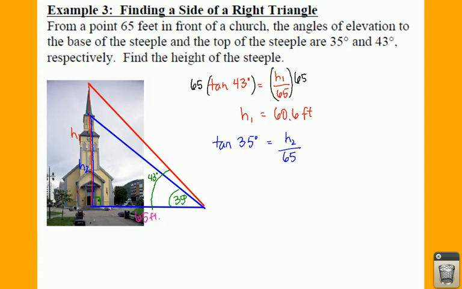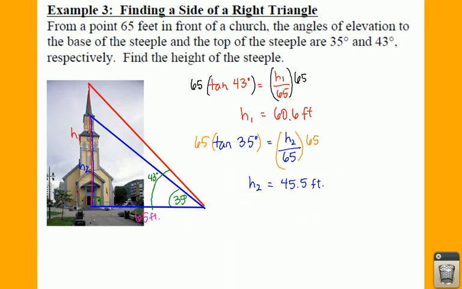To solve this, you just multiply both sides by 65 once again. This is basically a proportion, but your tangent is over 1. So we get that our H2 is 45.5 feet. So that's the height of our blue triangle.